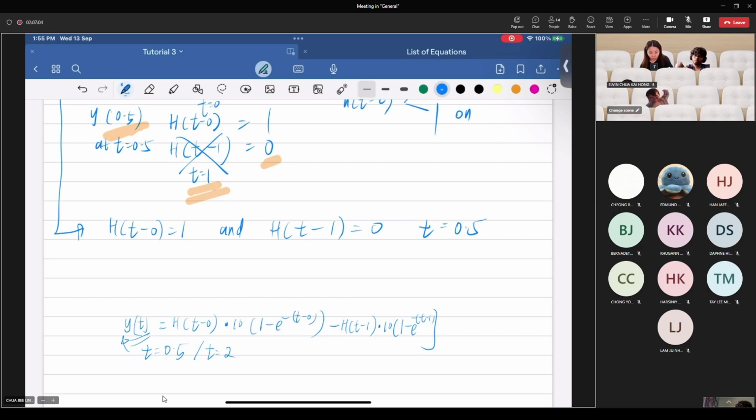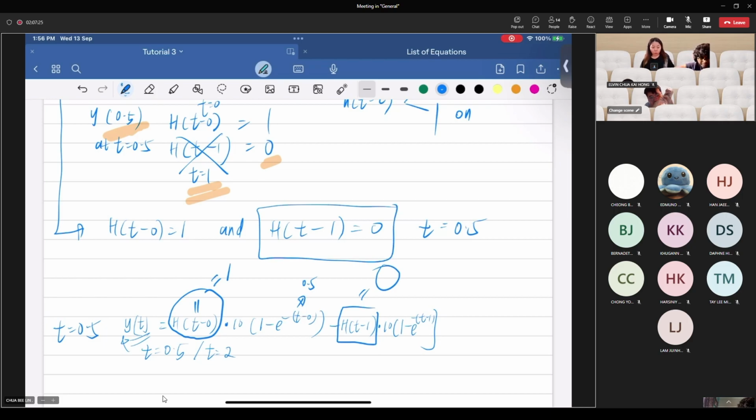So how do I sub? This whole thing here, 1. And your t here, 0.5. Whole thing here, 0. Because at t equals 0.5, this term is still off.